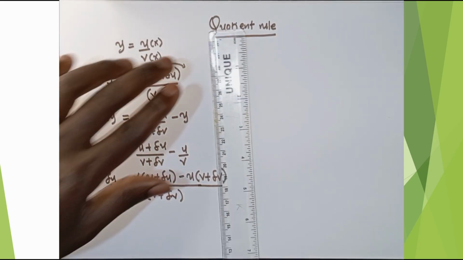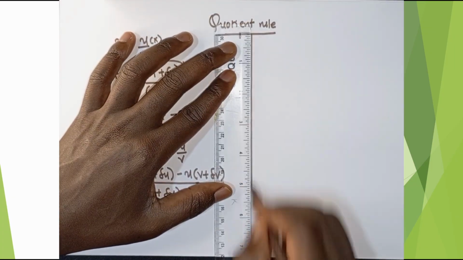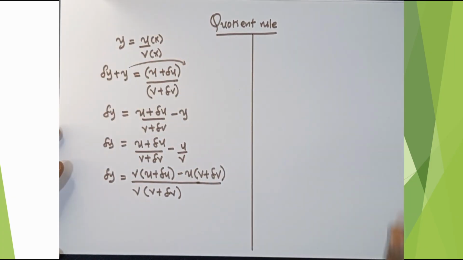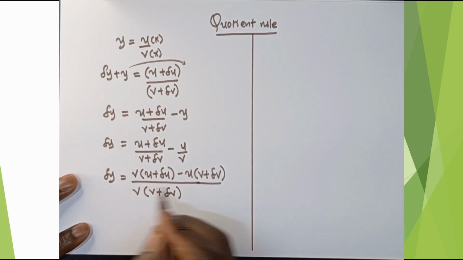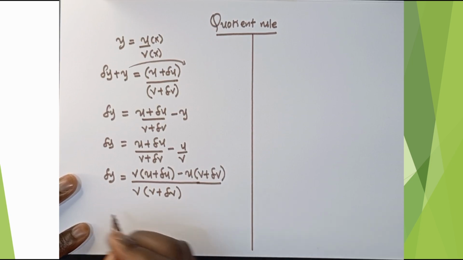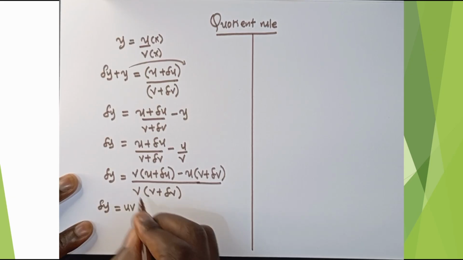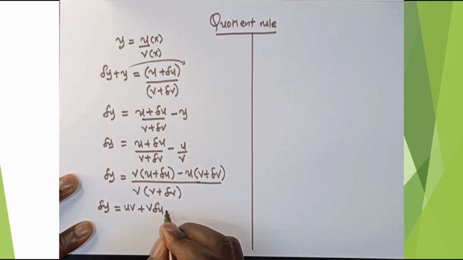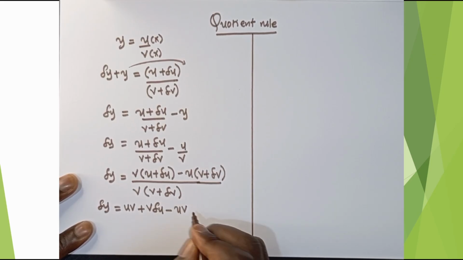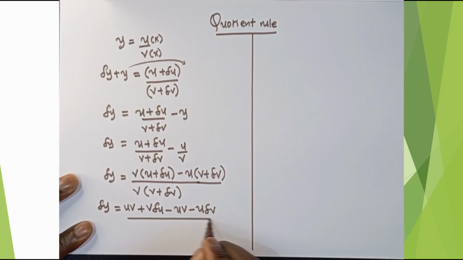If you allow me to draw a line here, so we have that. Now if we go further, we can simply see that here we can expand. So I have delta y is equal to, when you expand, we shall have uv plus v delta u minus uv minus u delta v out of v into v plus delta v.